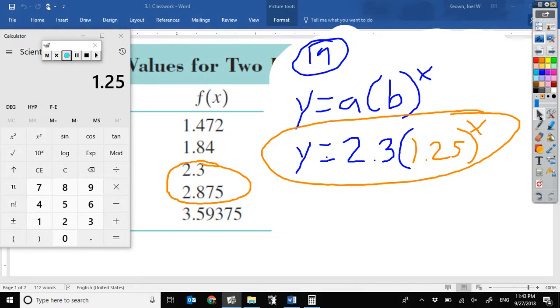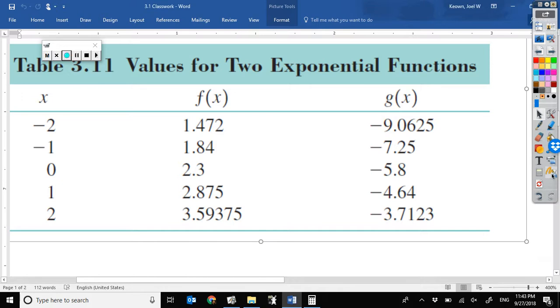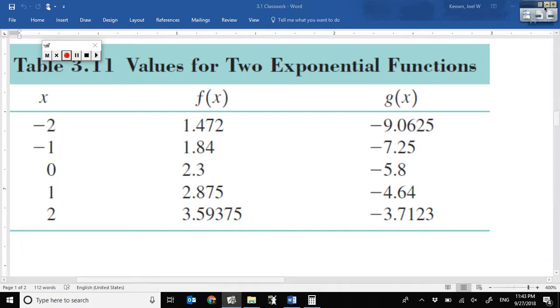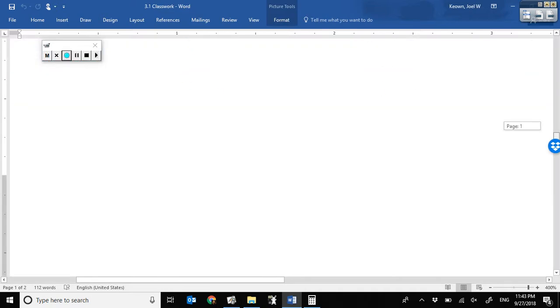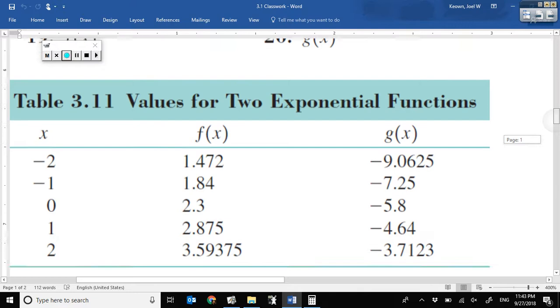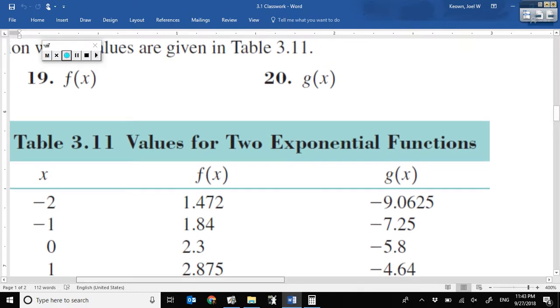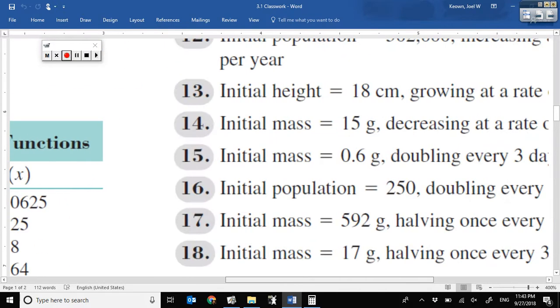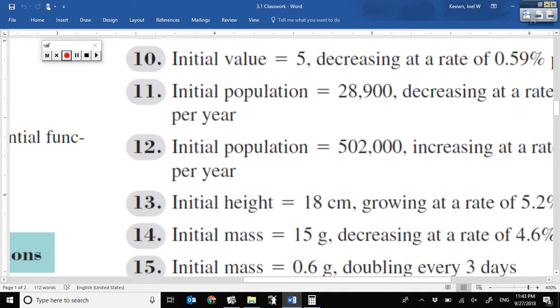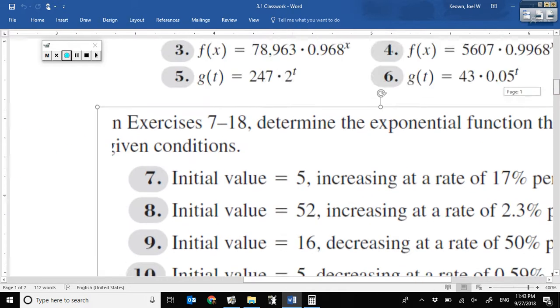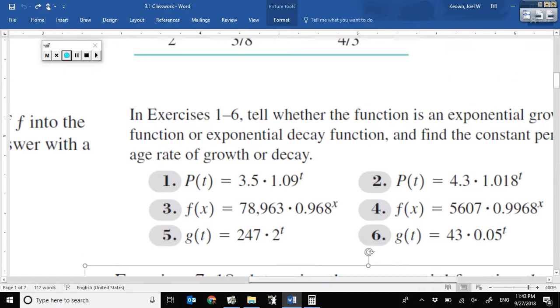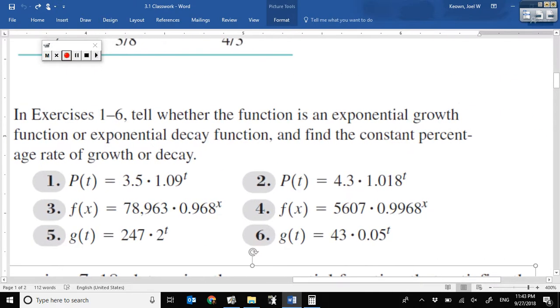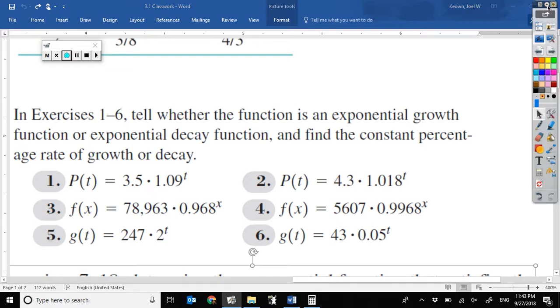So if I get this out of my way, and if I scroll down, we're going to look at 1 through 6. So cooperate with me. There we go. So I'm going to pick one of these real quick to look at.